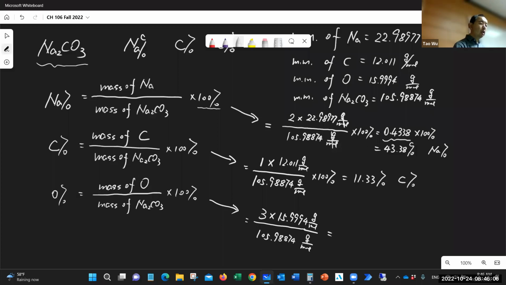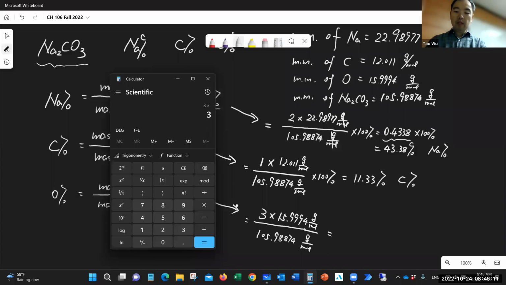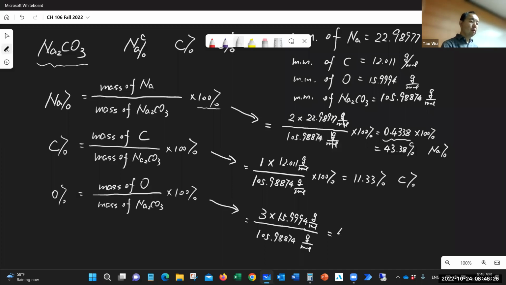Okay, so doing this again, 3 times 15.9994 divided by 105.98874, and you multiply by 100, you got 45.29%. Okay, so now you got the percentage for all 3 elements.